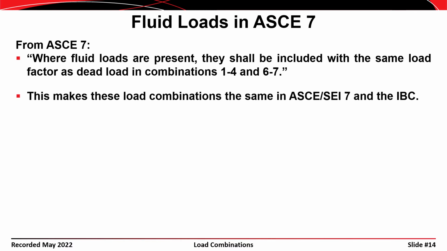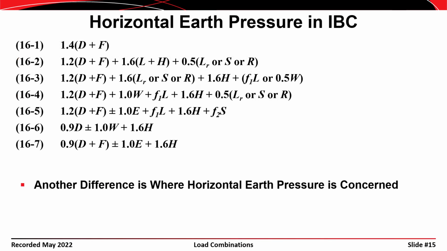So if we take this and look at how that affects the ASCE7 load combinations, it means that the load combinations in IBC are the same as the ones that are in ASCE7.